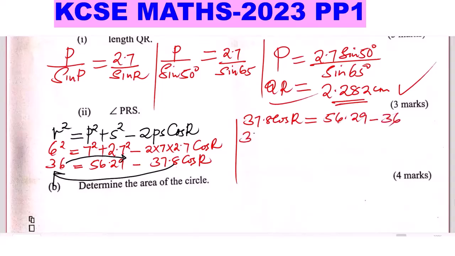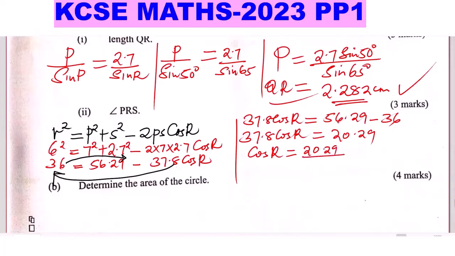When you subtract that, you get 20.29. So divide both sides by that 37.8, and that will remain with cosine of R of 20.29 divided by 37.8.